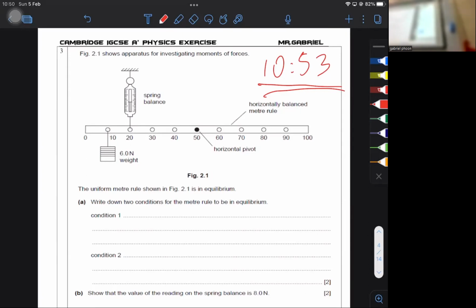The force that generates an anti-clockwise moment must be balanced by the force that generates a clockwise moment.